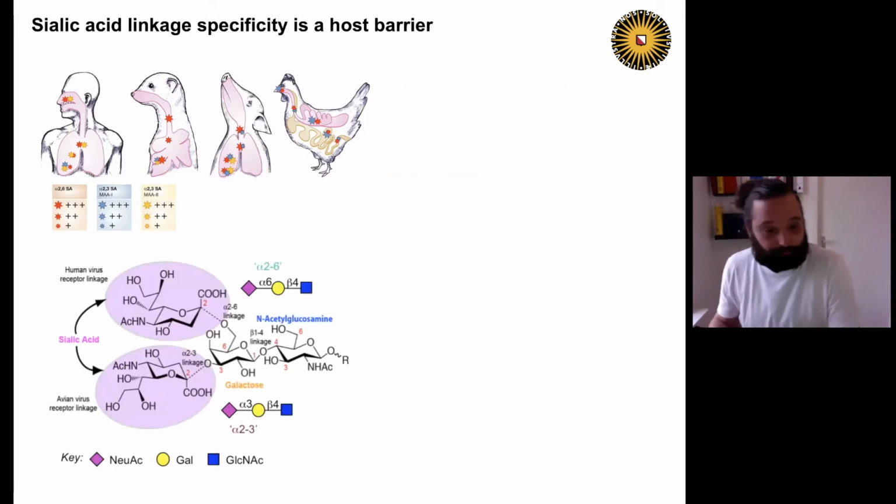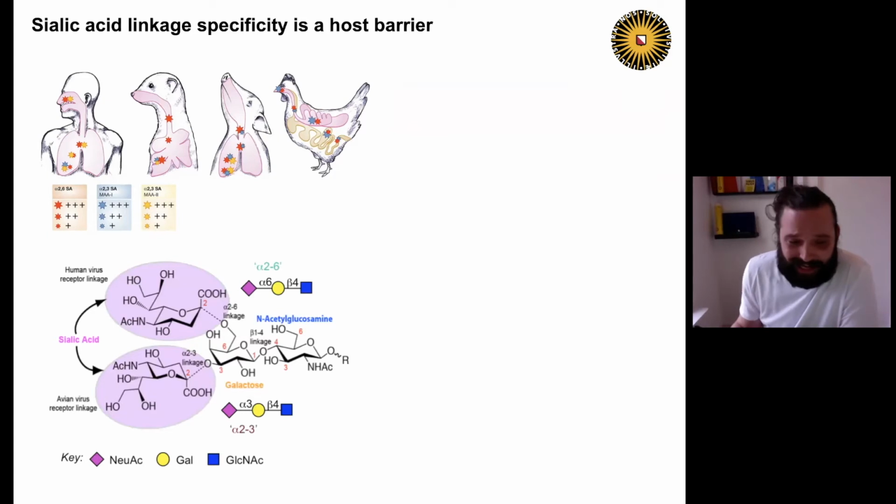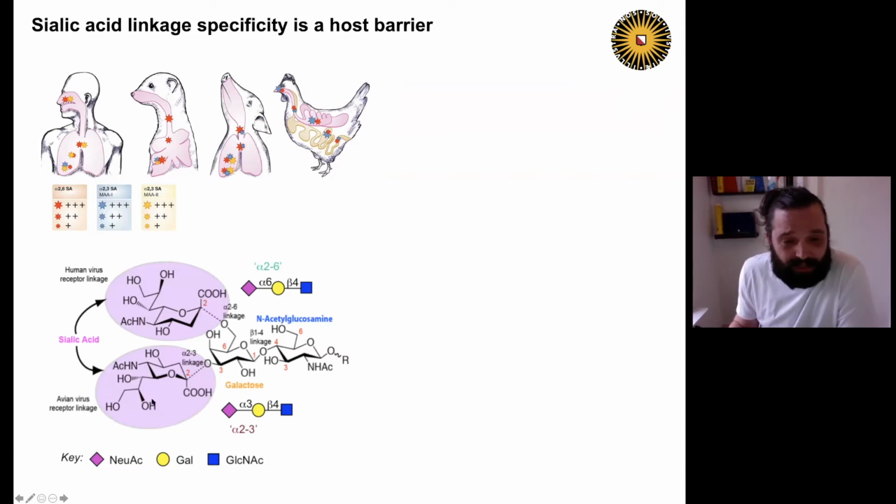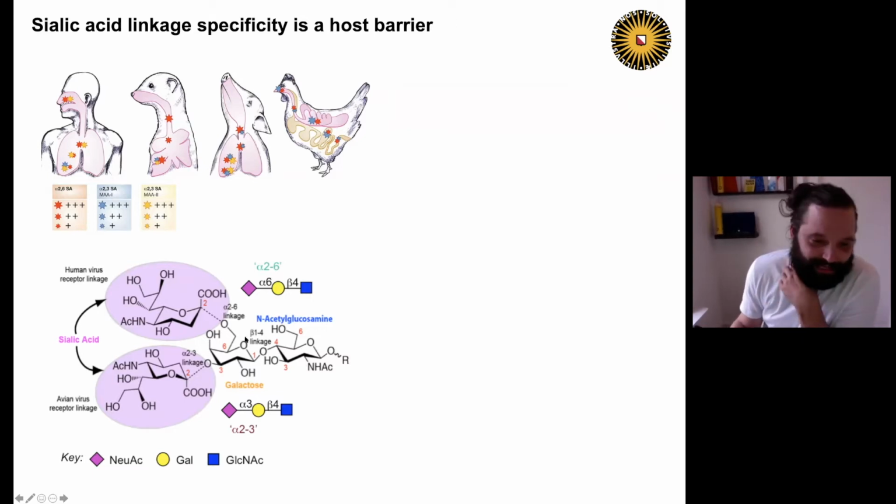So if you look at sialic acid linkage, as John already mentioned, you have two different linkages, whereas avian viruses prefer the sialic acid if it's linked to the third carbon of the penultimate galactose, whereas human viruses prefer the sialic acids if it's linked to the sixth carbon of the penultimate galactose.